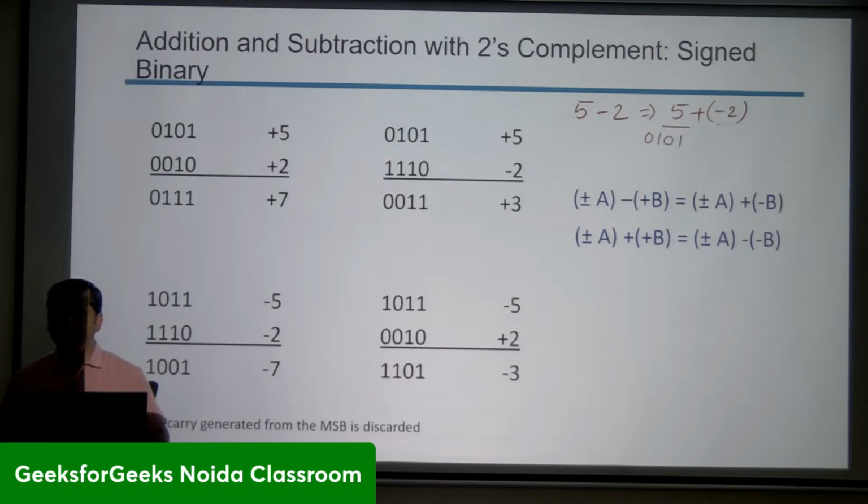I can represent minus 2 in binary by using 2's complement. So 2 is represented in binary as 0 0 1 0 and its 1's complement is 1 1 0 1, added with 1, it is going to be 1 1 1 0. So this is the 2's complement representation of minus 2. I'm just placing the value of the 2's complement, that is 1 1 1 0. Now what is the sign between these two numbers?